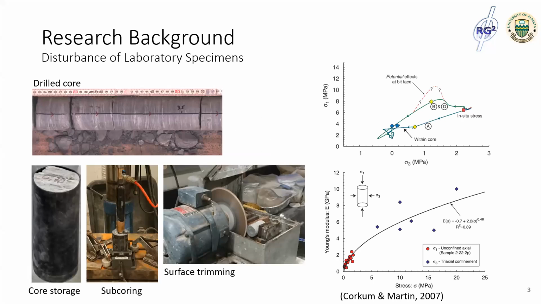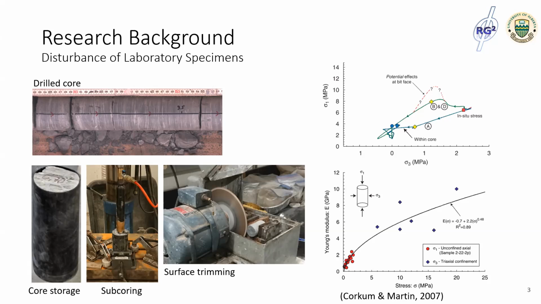So the first thing is, why do we do this? The reason is that laboratory specimens are usually not representative enough, because they have usually been disturbed through different stages of sample handling and preparation.